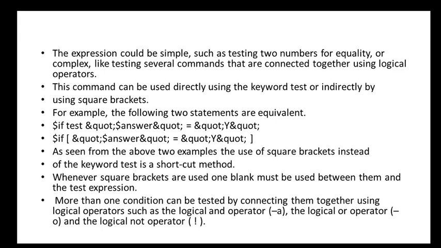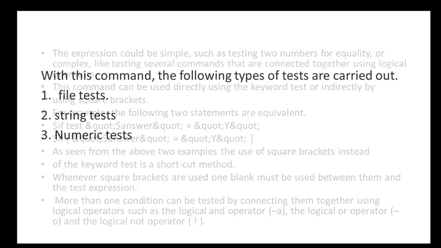More than one condition can be tested by connecting them together using logical operators such as -a, the logical AND operator, -o, the logical OR operator, and the logical NOT operator, this exclamation symbol.